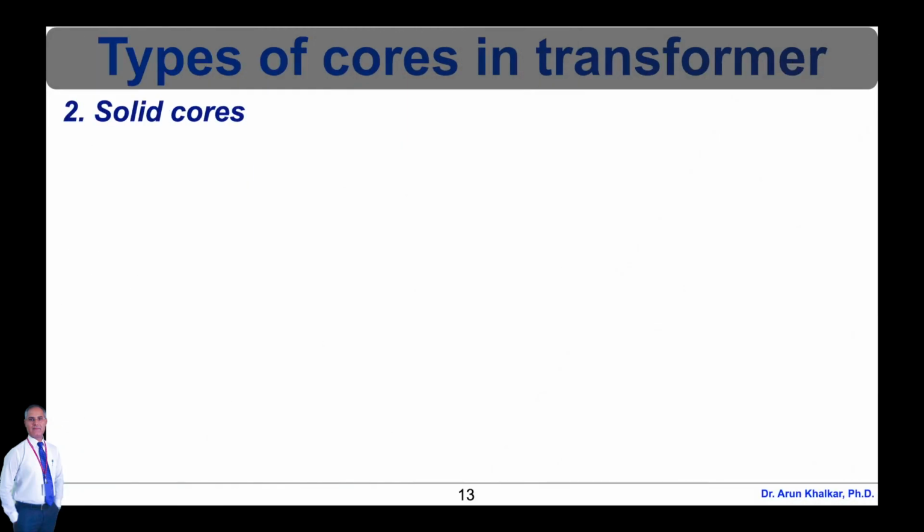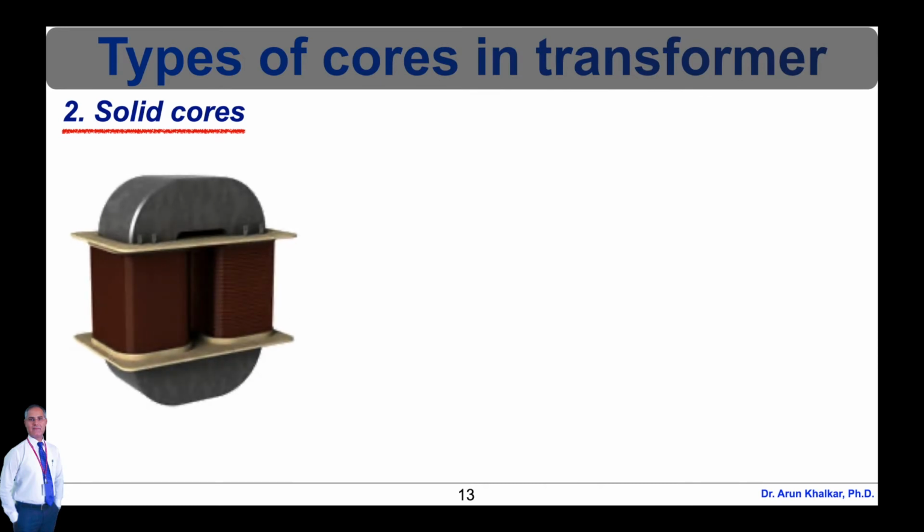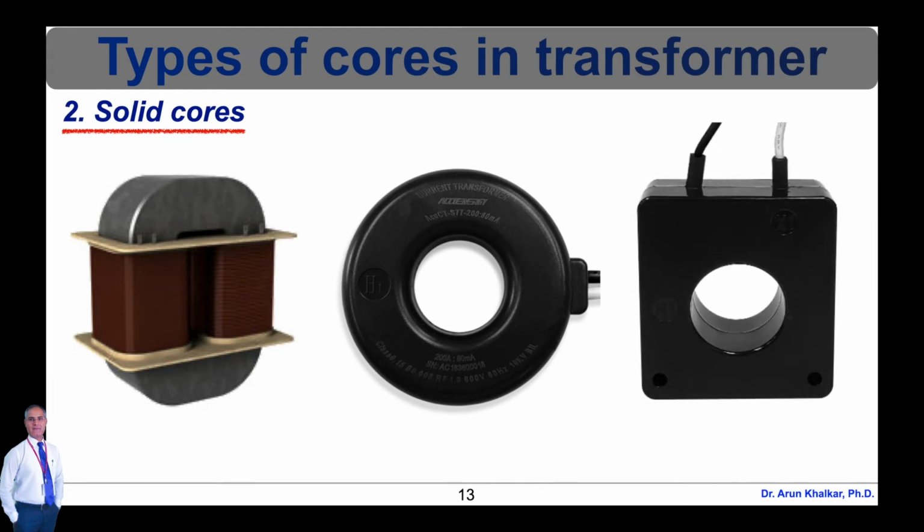Now see the second type of core in transformers, which is solid cores. Due to the electrical conductivity of the metal, when a solid one-piece metal core is used in alternating current applications such as transformers and inductors, the changing magnetic field induces large eddy currents circulating within it: closed loops of electric current in planes perpendicular to the field.